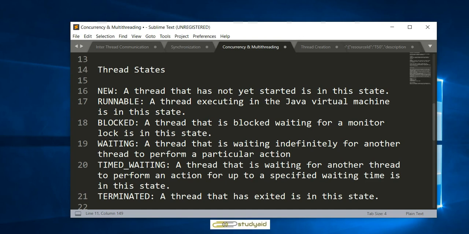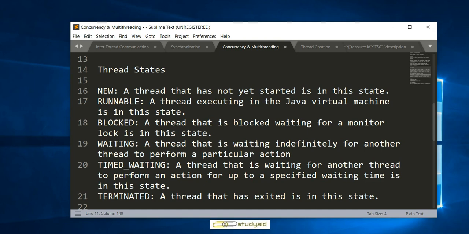The blocked state. A thread that is blocked waiting for a monitor lock is in this state. That means the thread is waiting for the other thread to execute. So that is the blocked state of the thread. Waiting: a thread that is waiting indefinitely for another thread to perform a particular action.